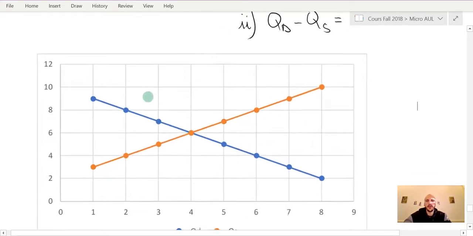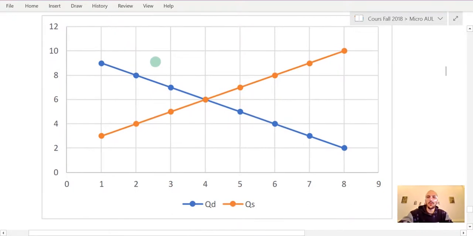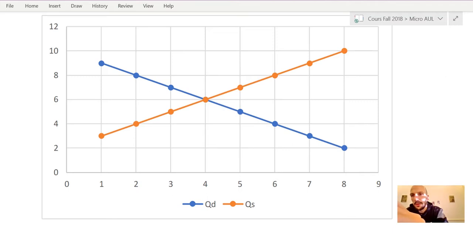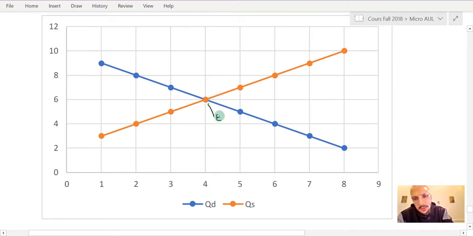So here we have the same graph, and I will be commenting on this graph again. You can see here that we have the equilibrium, for example at this level, which is the intersection between the two, we call it point E for equilibrium.